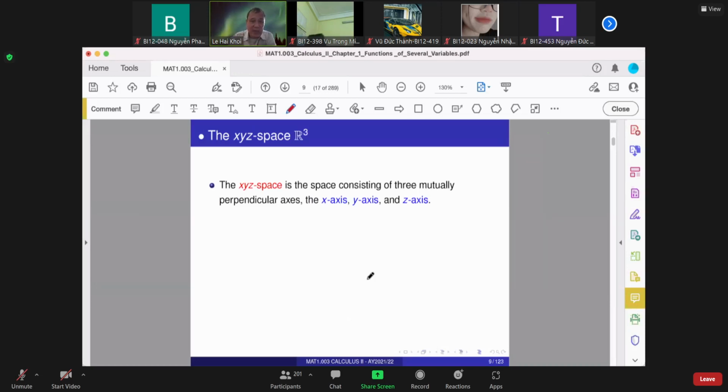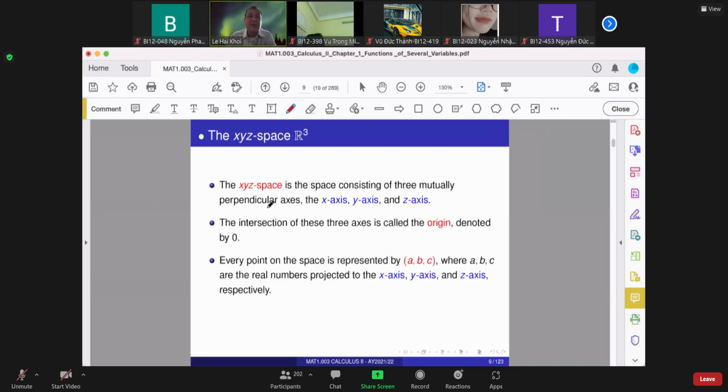This is three mutual axes. You should use the word mutual, which means that every two axes are perpendicular. You should have three pairs of axes, right? Again, the intersection is called the origin. This is 0. And every point is characterized by 3 coordinates.